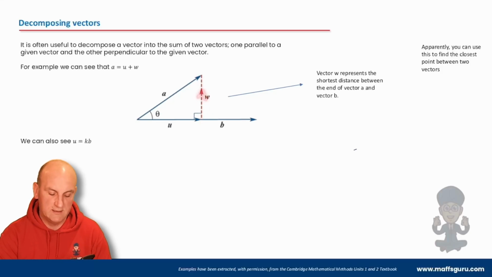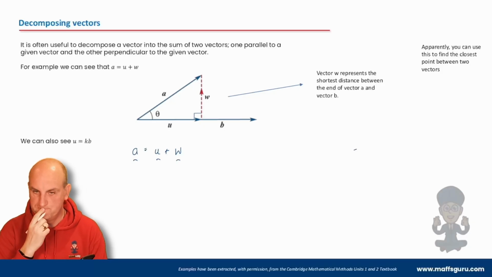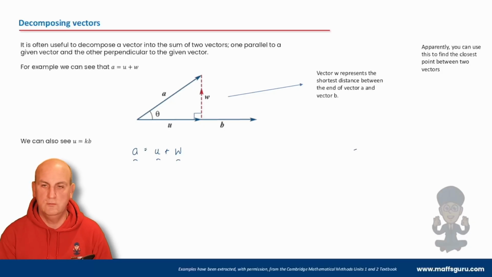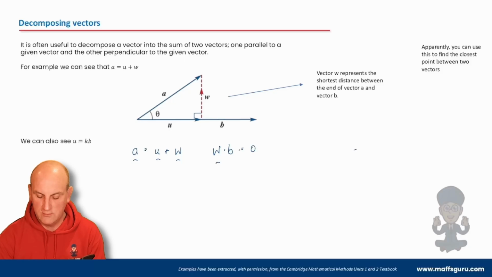Let's call that W. We now know that A is equal to vector U plus vector W. But we also know that W dotted with B would give me 0, so W dotted with B has to be equal to 0.